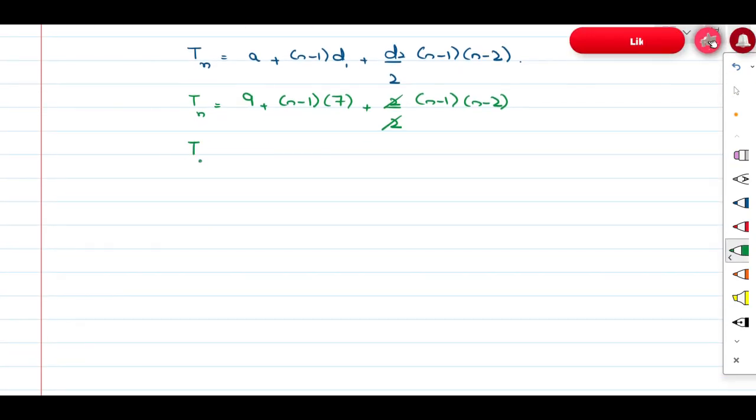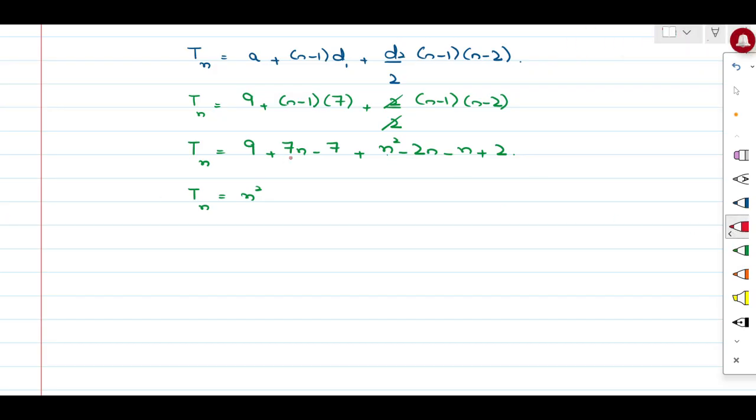Further simplification, the nth term is equal to 9 plus 7 times n minus 7, plus the product n squared minus 2n minus n plus 2. So n times n is n squared, n times minus 2 and minus 1 times n is minus n, and minus 1 times minus 2 is plus 2. We have one square term, so n squared.